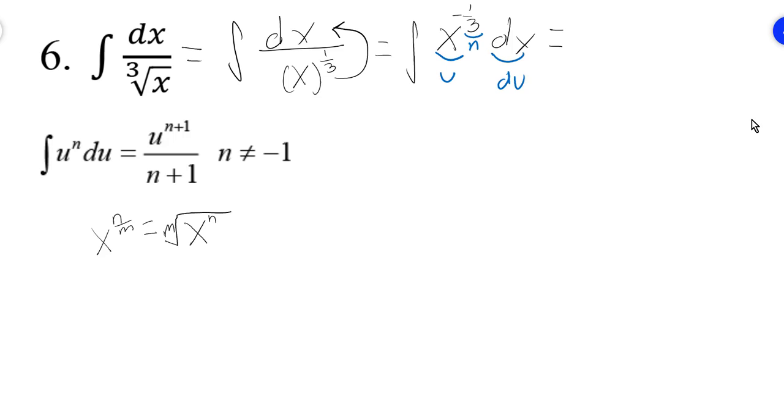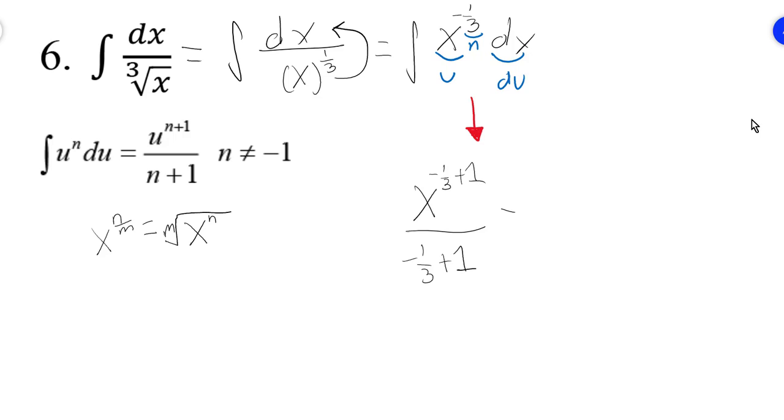All right, so let's use the rule, and I'm gonna write it over here just to make it cleaner. So u is going to be x minus 1/3 plus 1, right? And everything is going to be divided by the same thing that we have up here. So minus 1/3 plus 1.